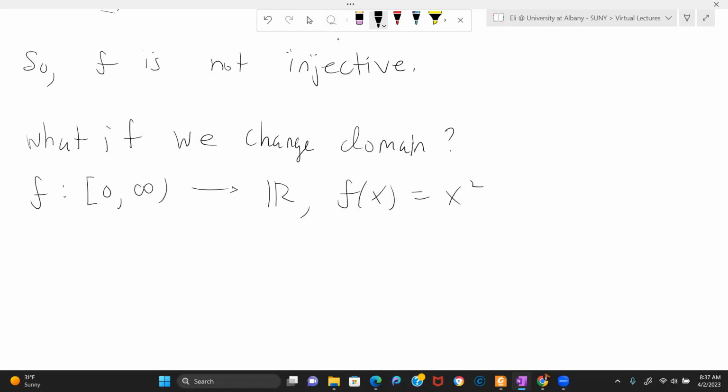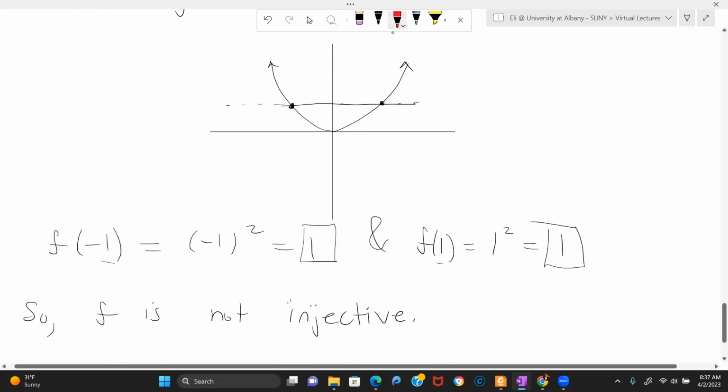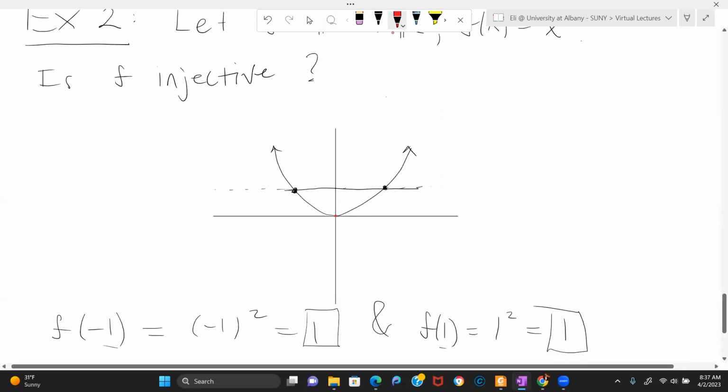You square every number. Well, in this case, when you plot the function, you're not plotting everything over here. You're just plotting this portion right here. So if you draw any horizontal line, it's just going to intersect at one spot, right? So this should be injective.